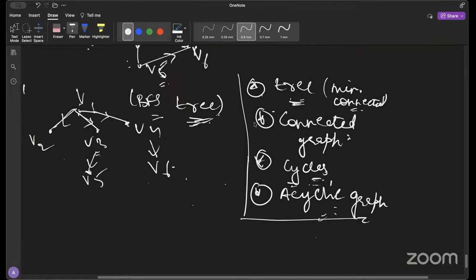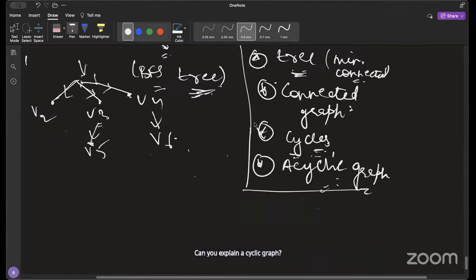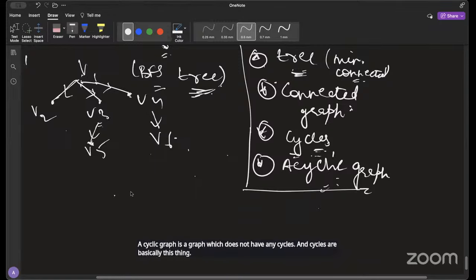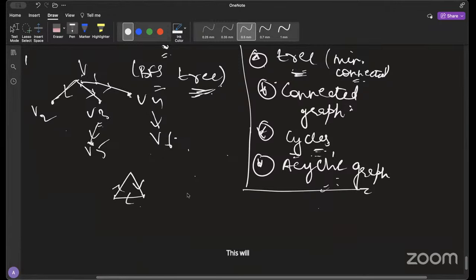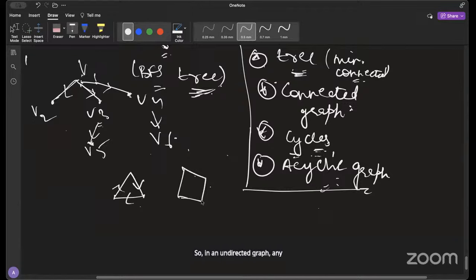Ma'am, can you explain acyclic graph? An acyclic graph is a graph which does not have any cycles, and cycles are basically this thing. So this will be called a cycle in a directed graph, and in an undirected graph, any closed thing that you see is called a cycle.